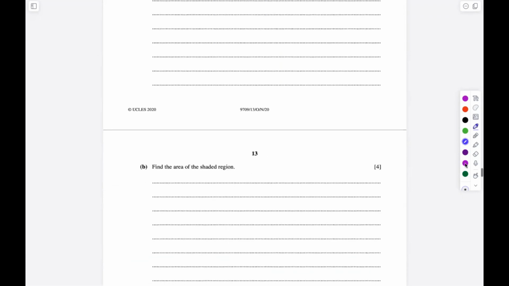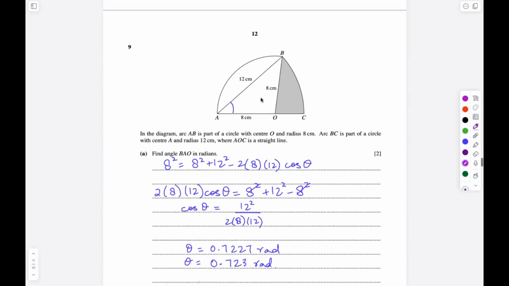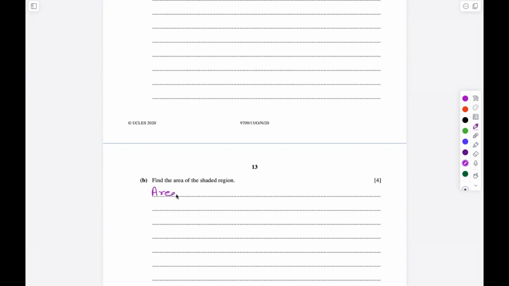In part B, it says find the area of the shaded region. Now, to find the area of the shaded region, we can find the area of this triangle and then subtract it from the area of the sector. In the first step, we can find the area of sector BAC. The area of the sector is given by the formula half r squared theta.